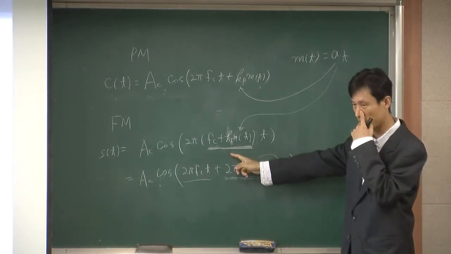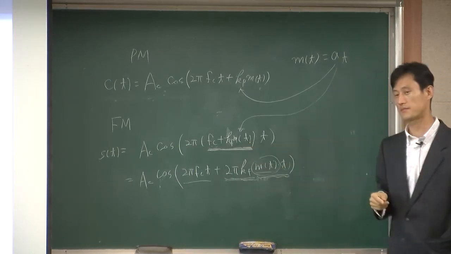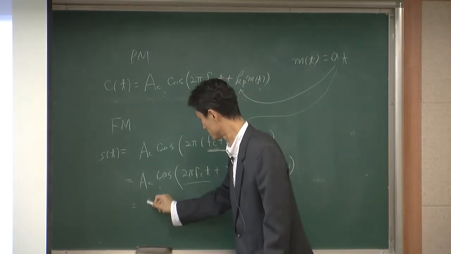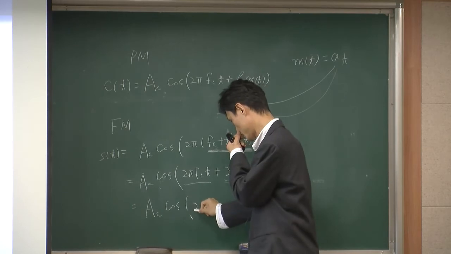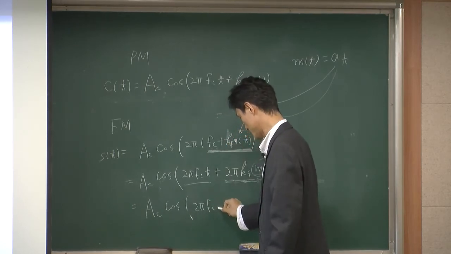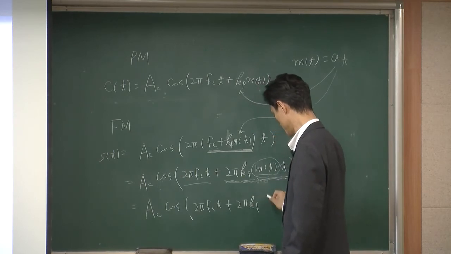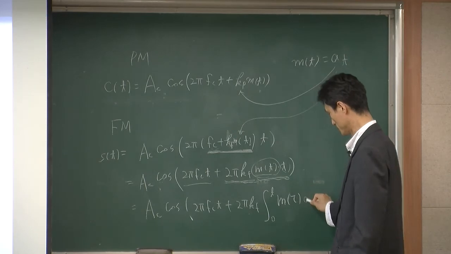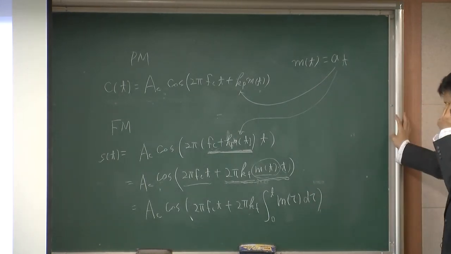In the frequency modulation, you put this message into the frequency part. This is your original FM signal.